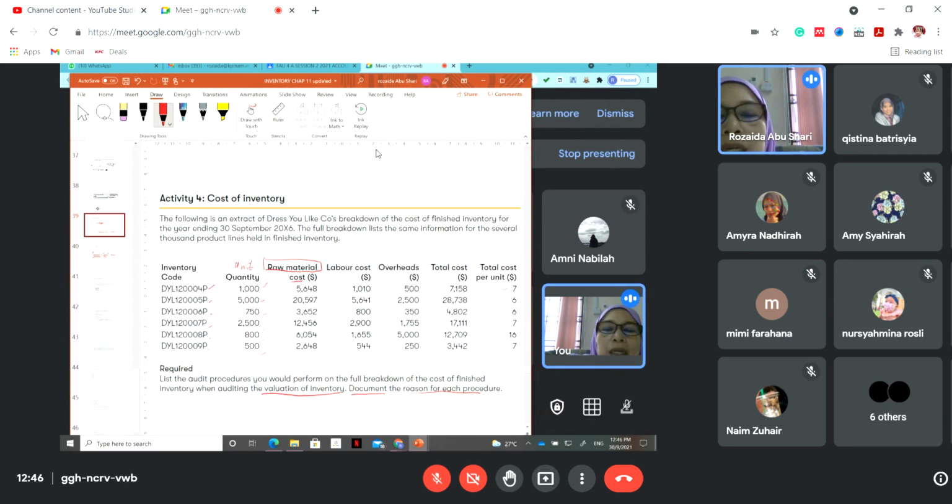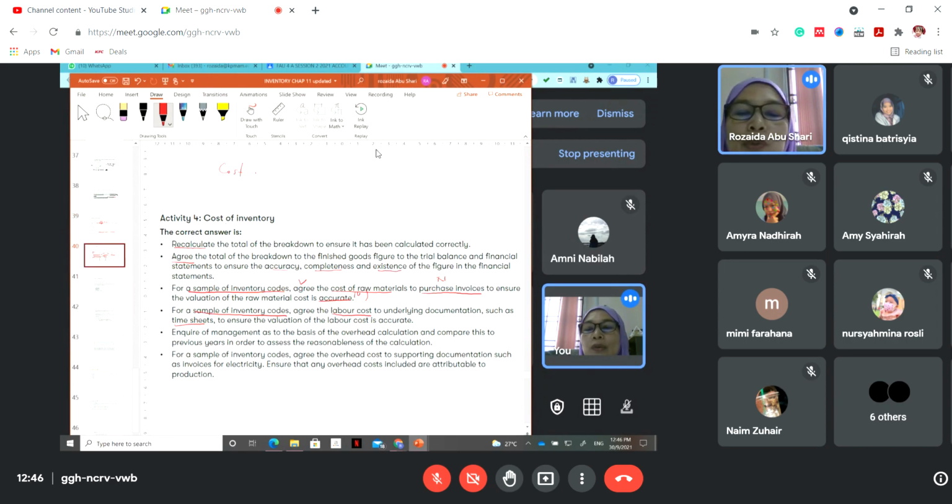You take from the raw material, so the evidence is the invoice. The evidence is the timesheet. So you have to know where the sources of evidence are in order for you to build up your procedures. So this is the evidence that you want to use, timesheet, to ensure valuation of labor cost is accurate.